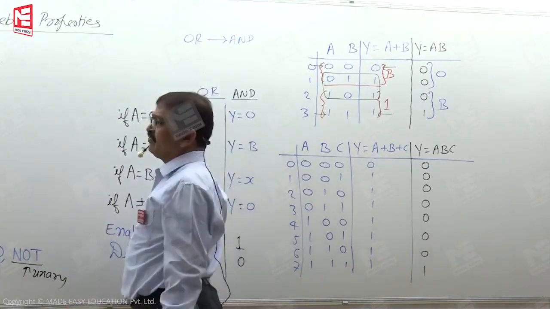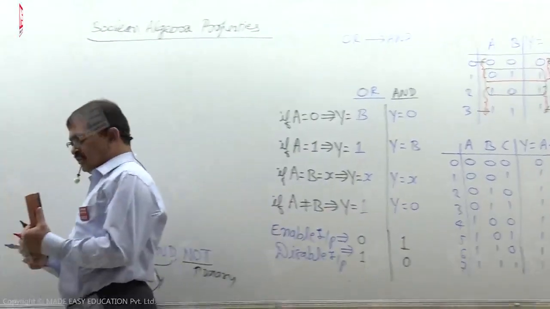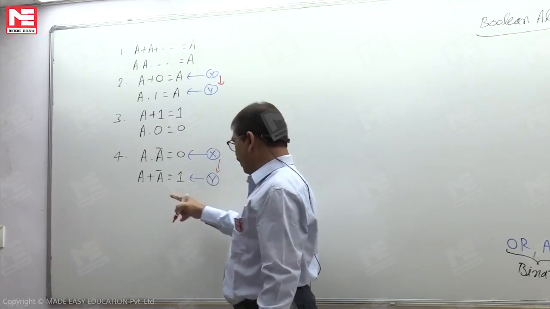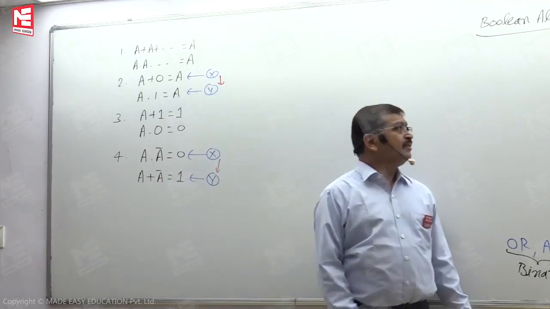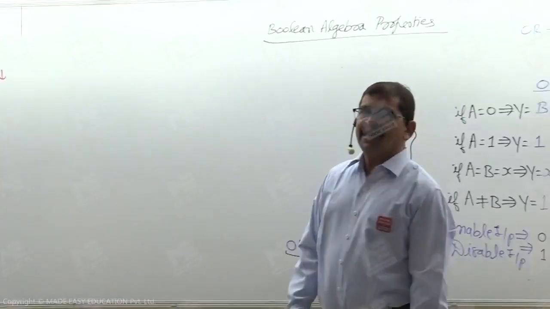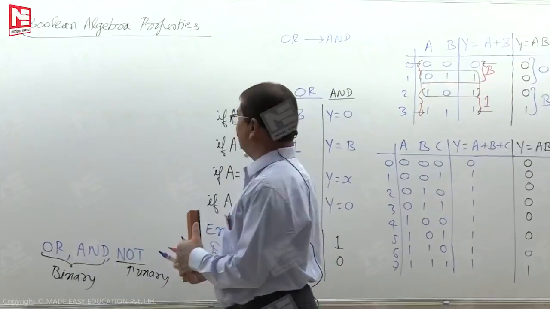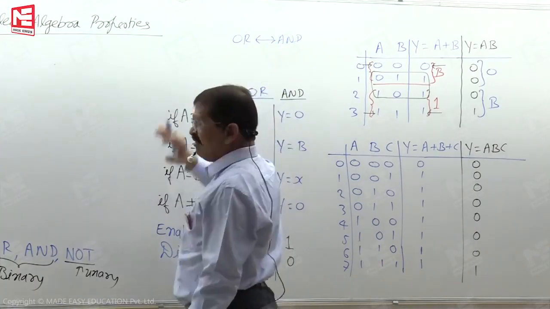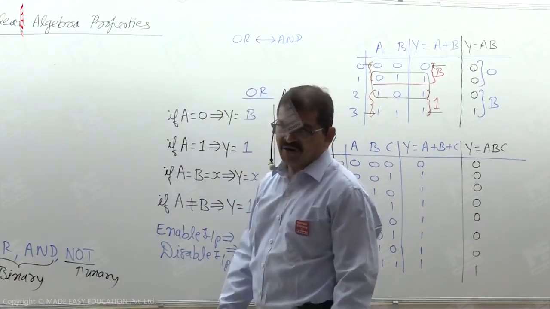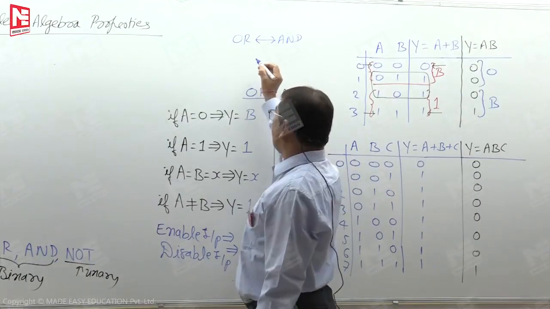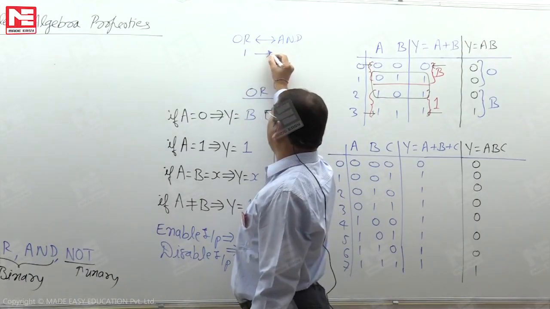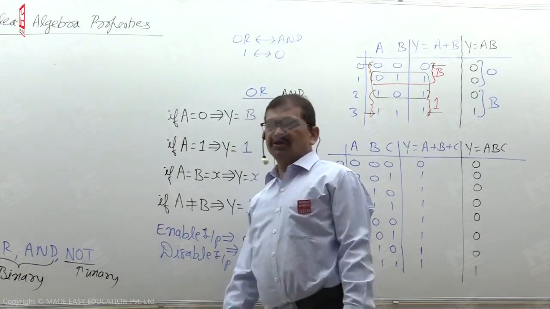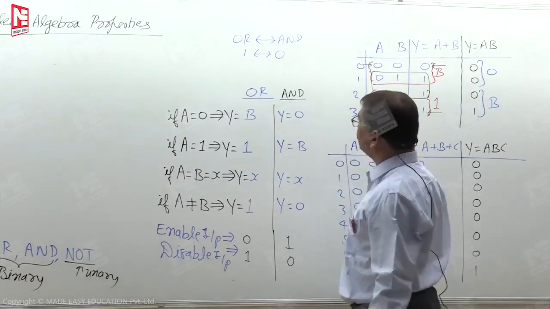Similarly, if in equation X it is the AND operator, then in Y it is changed to the OR operator. So basically we have interchanging of these binary operators OR and AND. And also we are observing interchanging of the Boolean constants 1 and 0.